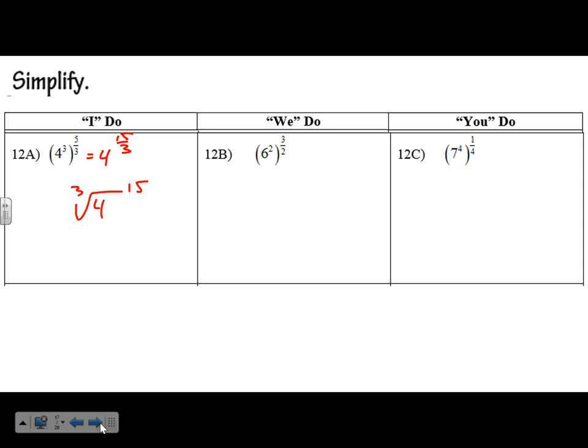This one doesn't really say, but this one's going to end up being a decimal, I believe, because there is no 3rd root of 4. So if you do this as a decimal, which I would not recommend, that's 4 raised to the 15, and then the third root of that answer. Oh, maybe it does work out.